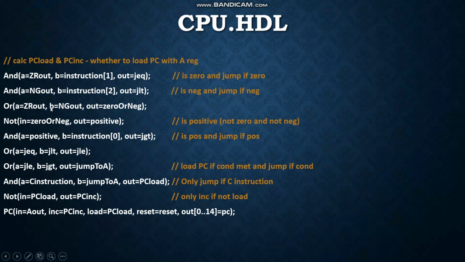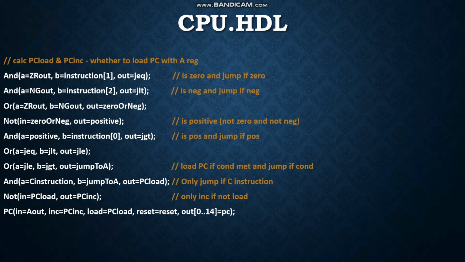Now looking at the third line, the OR gate performs a bitwise OR operation between ZR out and NG out, storing the result in zero or negative. The NOT gate, the fourth line, inverts the value of zero or neg and stores the result in positive.